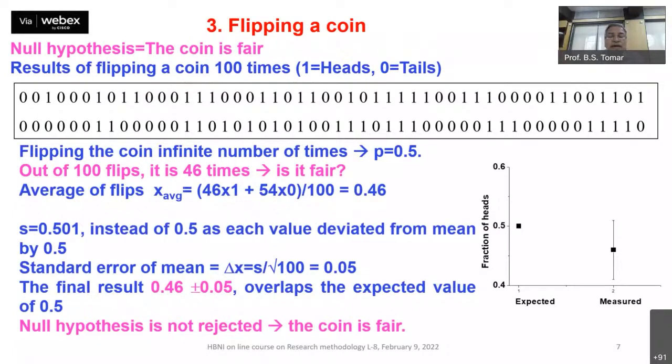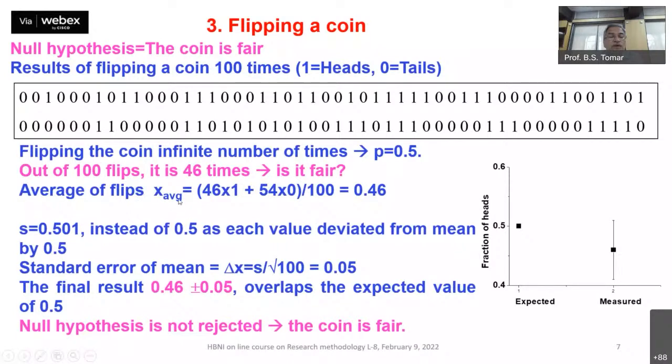So half the time you get head, half the time you get tails. But in this particular case, out of 100 flips, 46 times it is head, and 54 times it is tail. So is it fair? Based on this observation, according to this data, you may say that it is not fair.